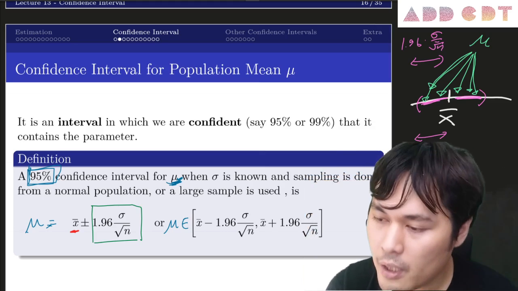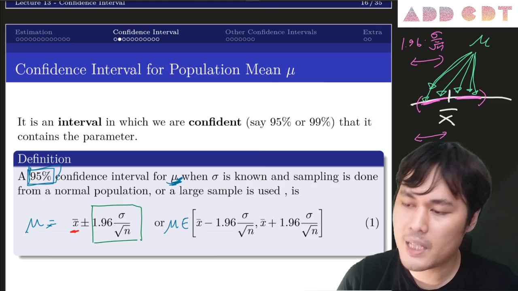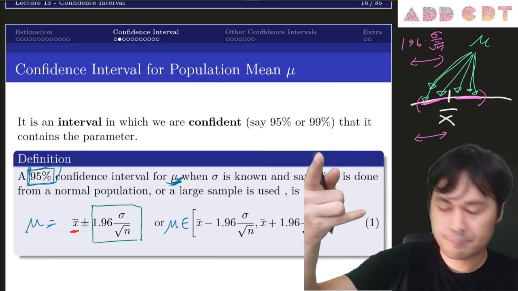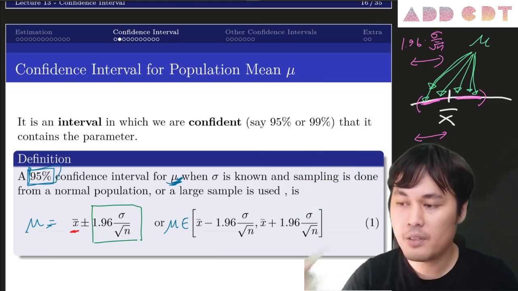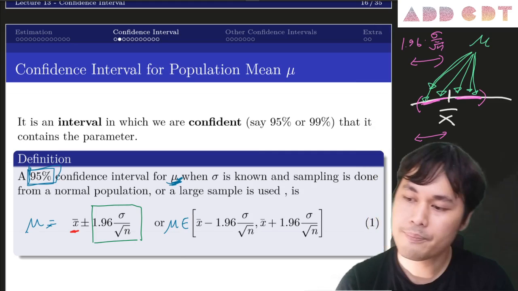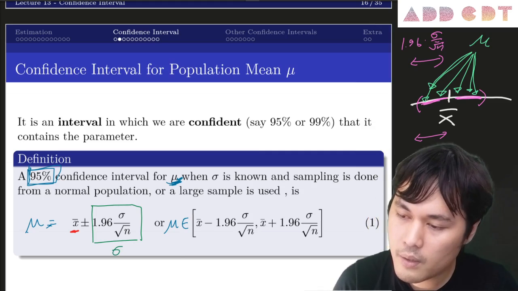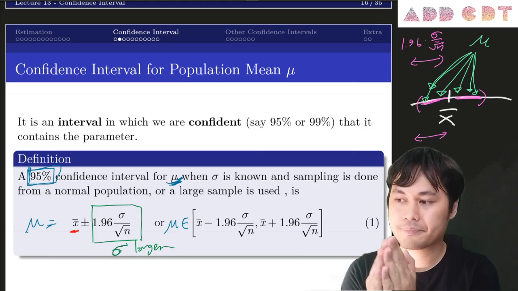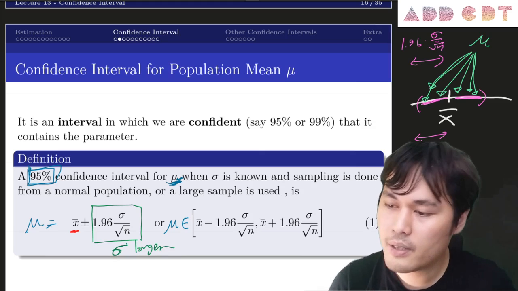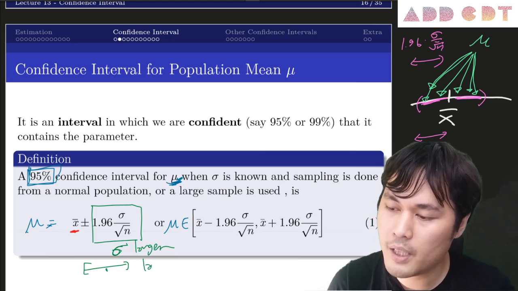What else can we say? Sigma is on top. That means if sigma gets larger and larger, then this whole number is also larger, and that means the interval itself is also getting larger.